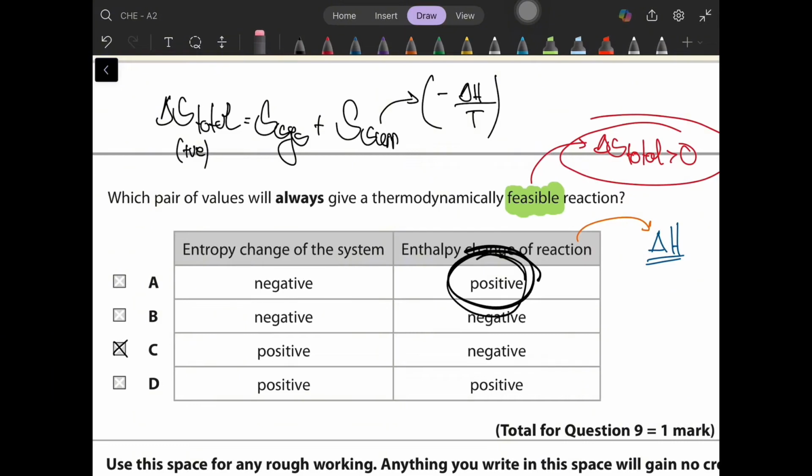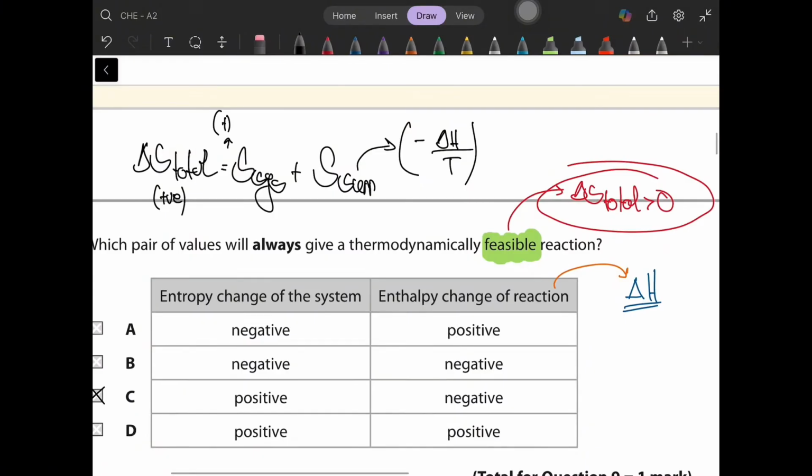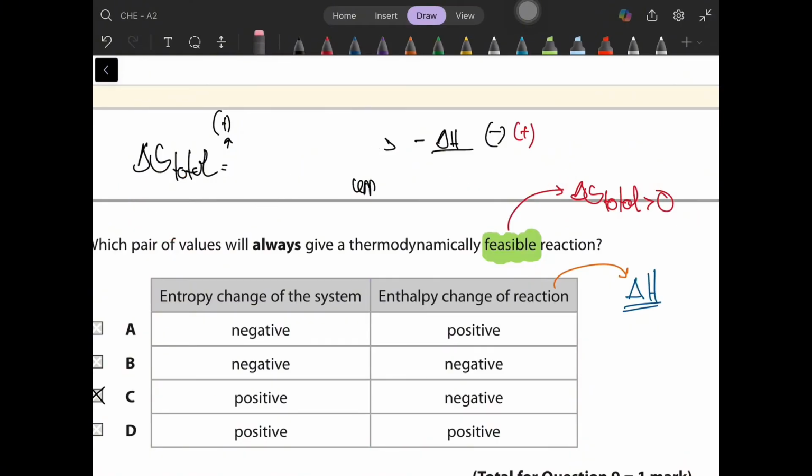So for del S total to be always positive, the entropy of the system should always be plus, right? And delta H should always be negative, because negative and negative cancel out to become positive, right? Once it is positive, del S total should always be greater than 0. So yeah, the answer should be D, positive and negative, right?